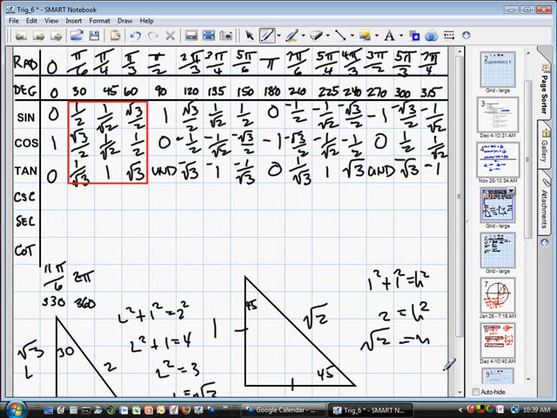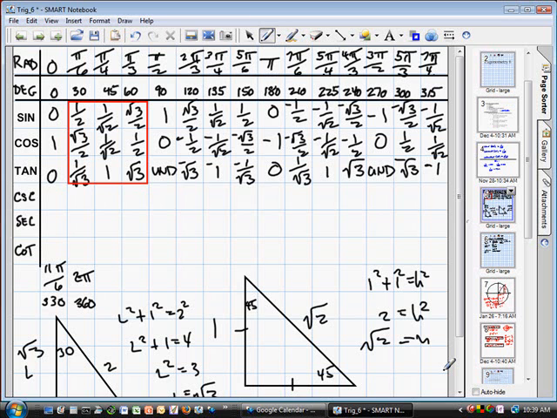Now, our chart doubles in size, because now you can fill in the other 6 functions. How? By taking reciprocals. Oh, except for one thing. There are some things you can't take the reciprocal of.